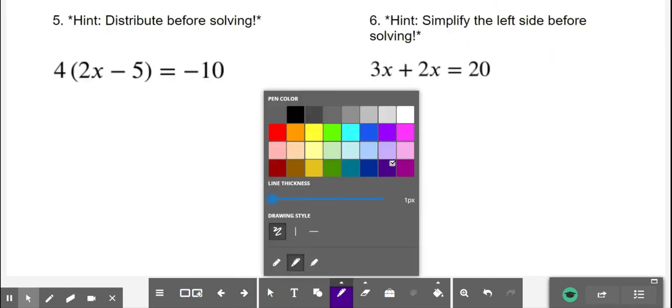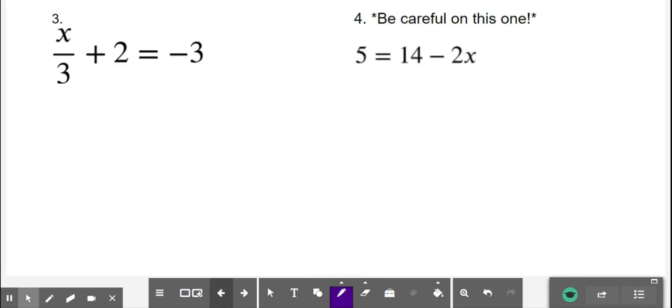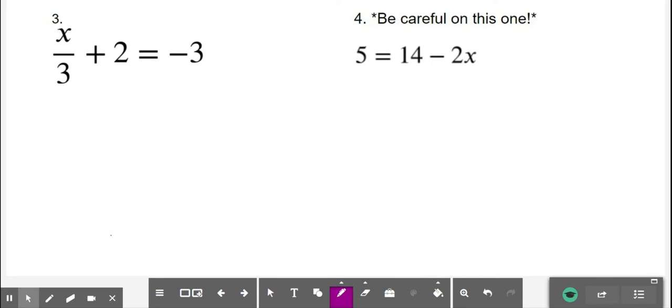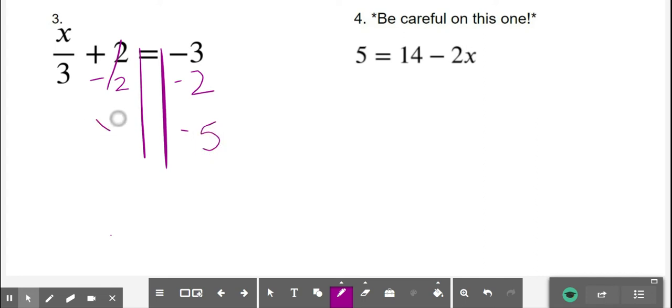On to number 3. For this one, to get x by itself, we have to start by subtracting 2 to get rid of the +2. So when we subtract 2 from -3, we get -5. And on the left side, we're left with x over 3, which means x divided by 3.